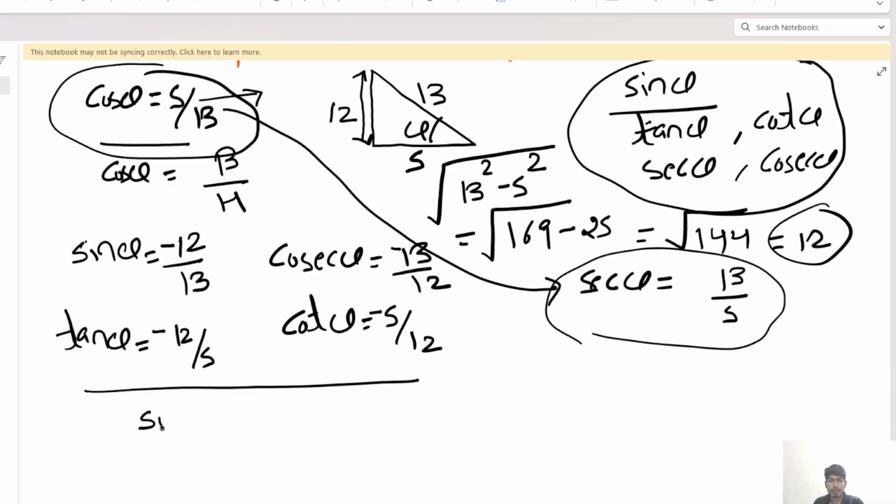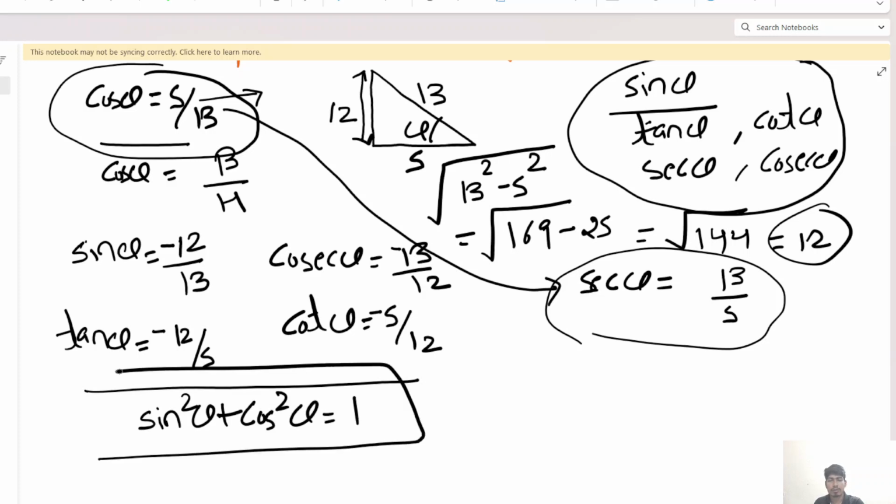You can also try this by identity. Sin square theta plus cos square theta is 1. Given cos theta, you find sin theta.